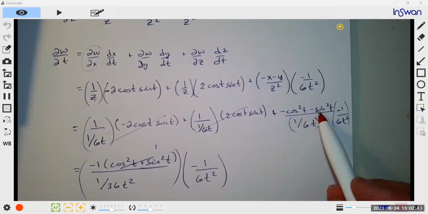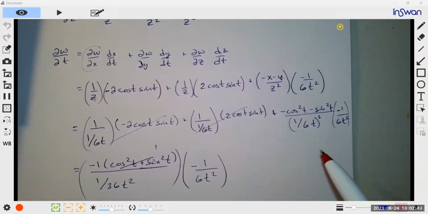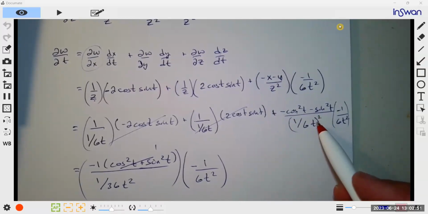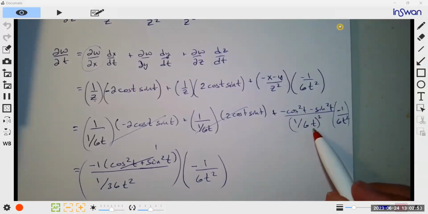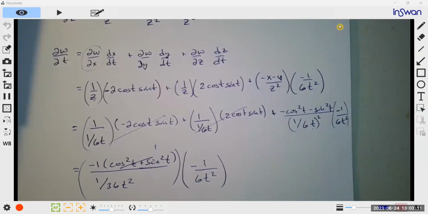That becomes negative 1. Ah, that's right.